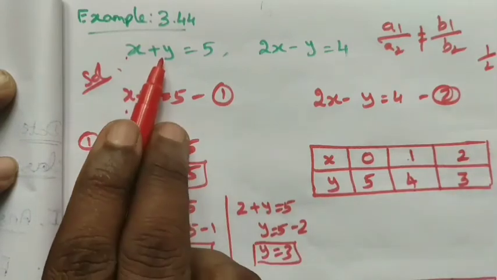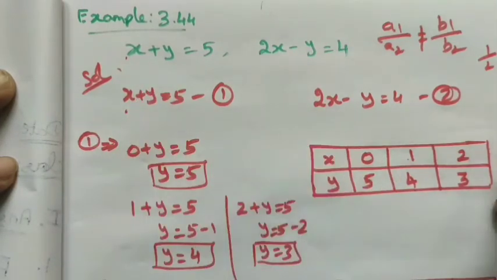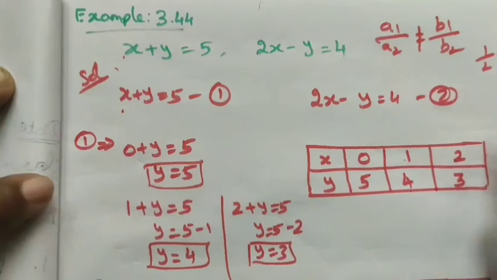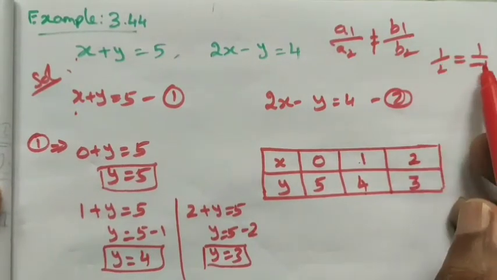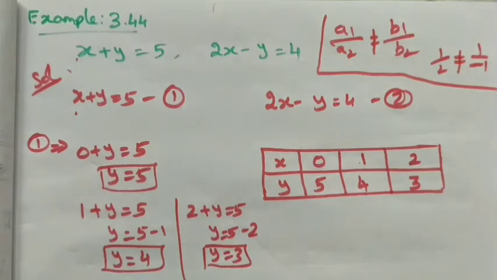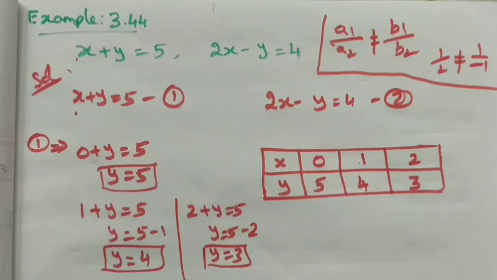The coefficients of y are 1 and minus 1, so 1 divided by minus 1. Clearly 1 by 2 is not equal to 1 by minus 1. Clearly we get a unique solution, right?